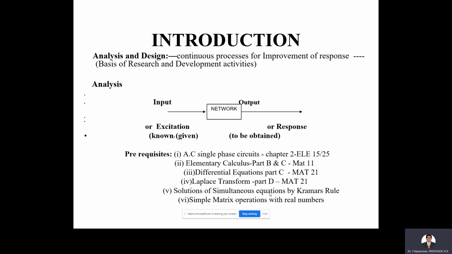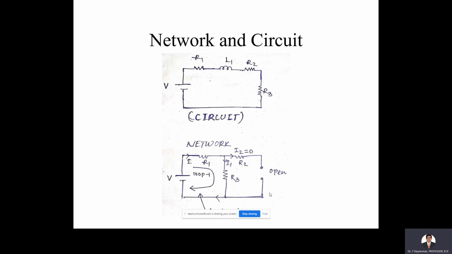So these are the diagrams for the network and circuit. I already explained what a network is and what a circuit is. A circuit is a combination of passive or active elements, and it forms a closed path. A network contains all the above elements, but it does not form a closed path.